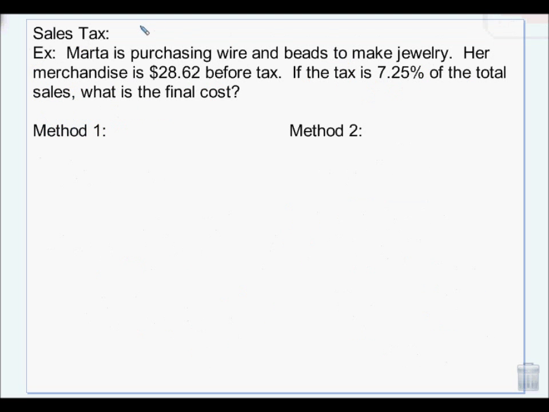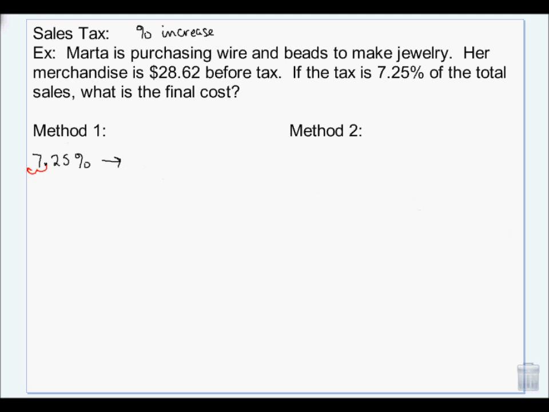Sales tax is a percent increase in your price, right? It raises the price of the thing you're buying. There are two methods to figure out tax. Method one, we take our price. First, we have to take that 7.25% and convert it to a decimal, so I move the decimal place 2 spots.